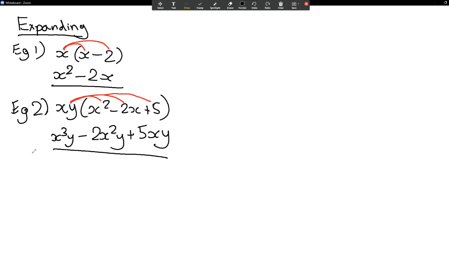Another way you can expand brackets, or actually let's look at factorization of the same kind. So factorization, or I should put factorizing, is the opposite process to expanding.